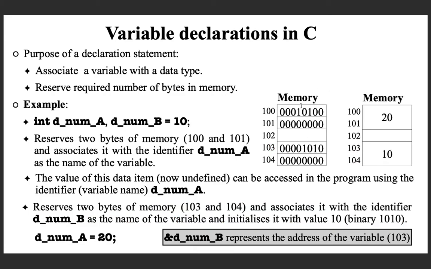And even though binary values are stored in memory, for simplicity, in our further discussions, whenever we need to refer to memory, we will only look at the decimal equivalent value or the character equivalent value. But remember, actually the memory is in binary, but for simplicity, we will read it as two continuous locations storing 20, and here two continuous locations storing 10.